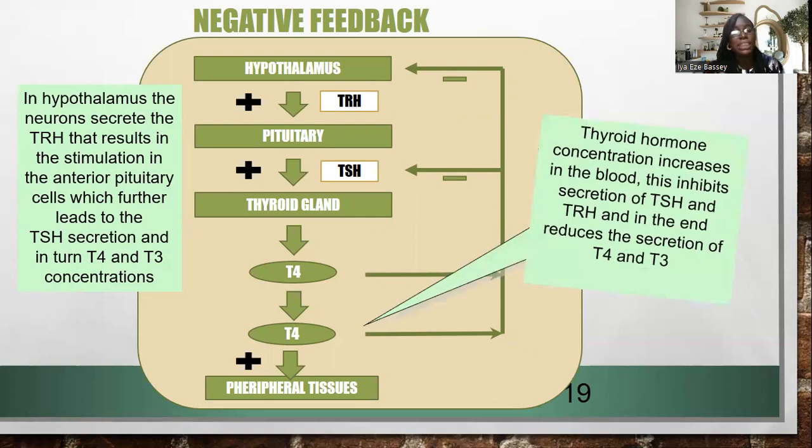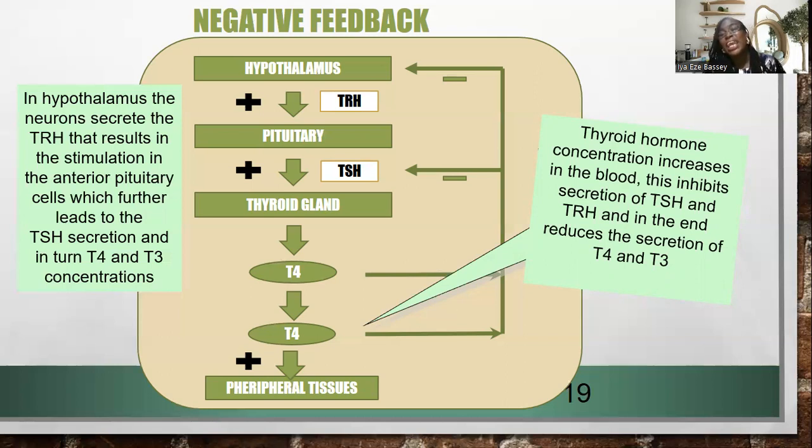When these T3 and T4 levels increase in the blood, a signal is sent back that inhibits the secretion of TSH and TRH. And in the end, you have reduced secretion of T3 and T4.